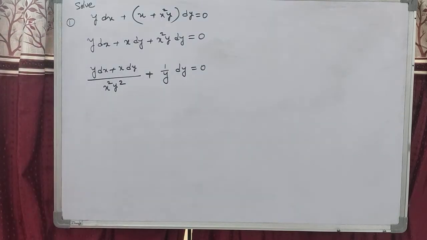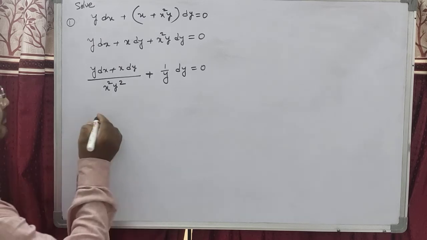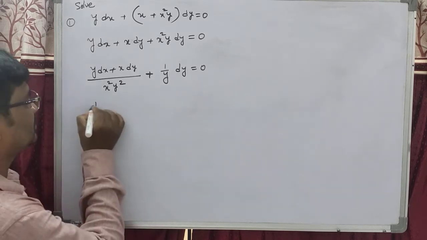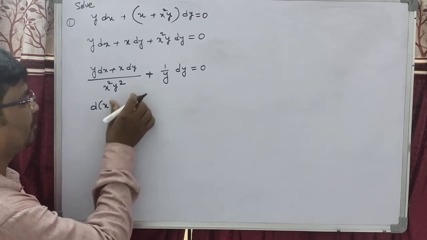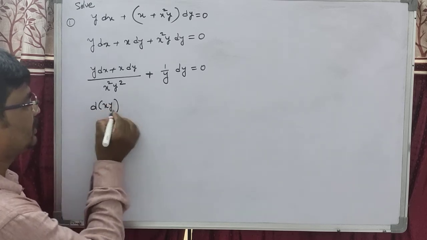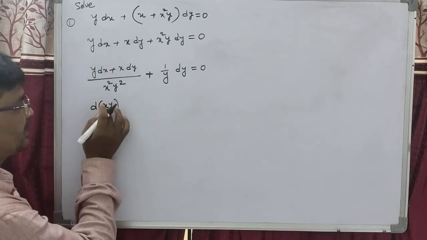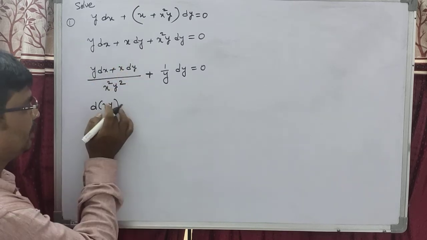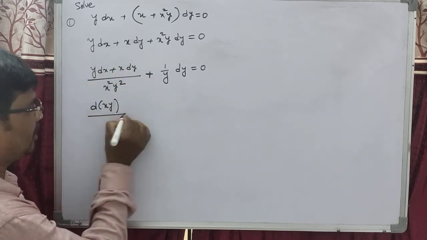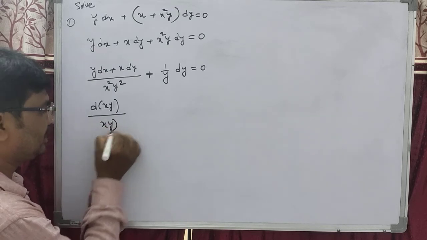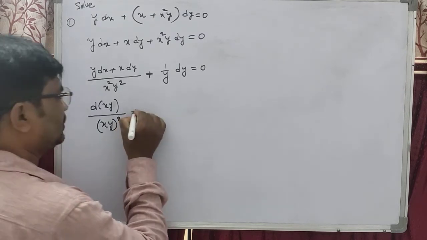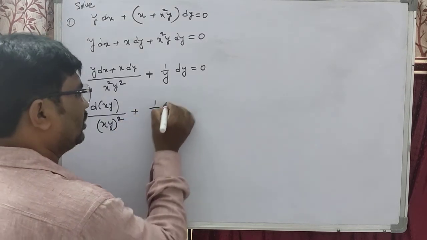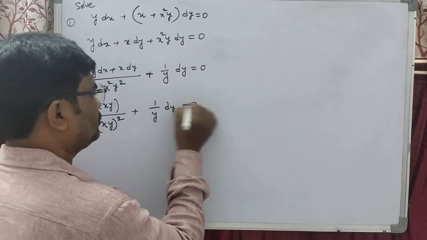Now students, we can write it as this. Undoubtedly, this is the derivative of xy: x into dy plus y into dx, upon xy whole square. Now we can write 1 by y dy equal to 0.